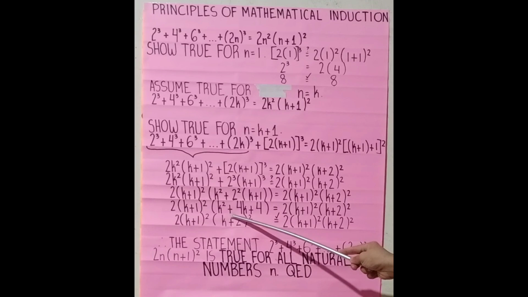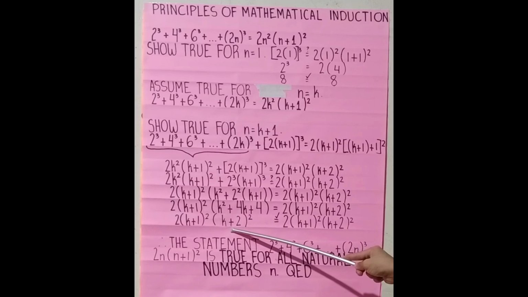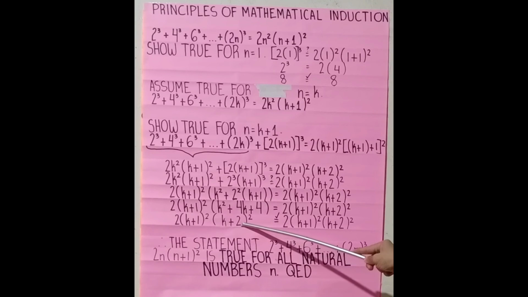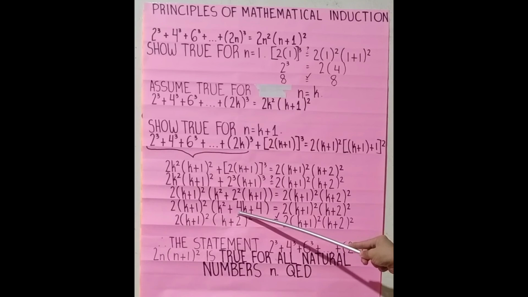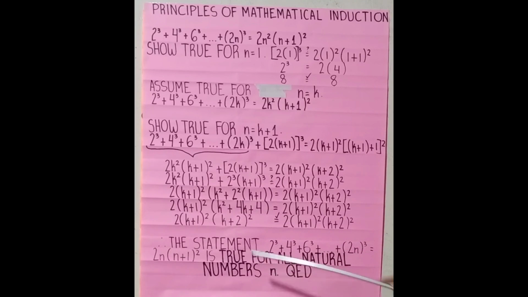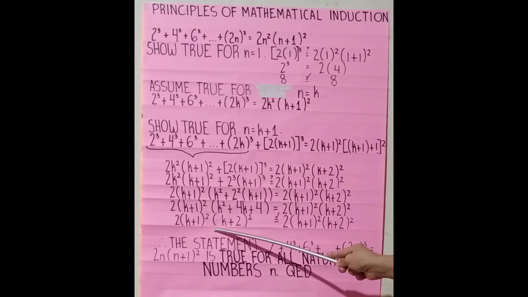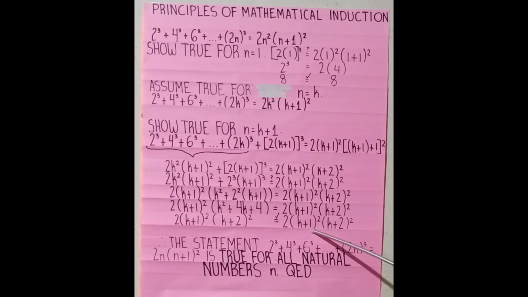Then this k squared plus 4k plus 4 is equivalent to k plus 2 squared, since k plus 2 times k plus 2 is equal to k squared plus 4k plus 4. Then from this, we can notice that this is now the same as the right side of the equation.